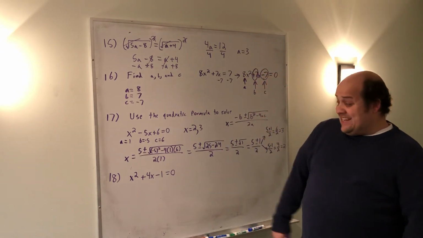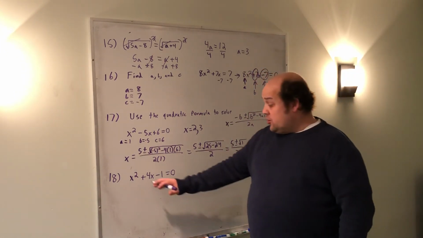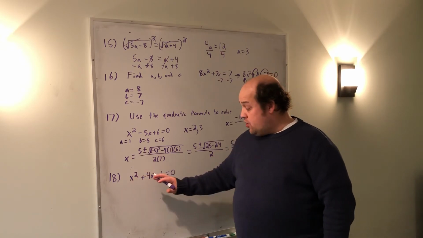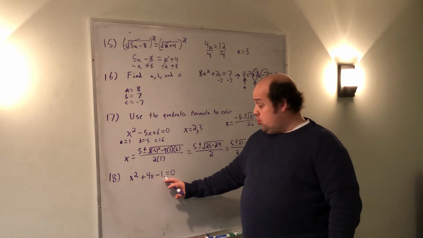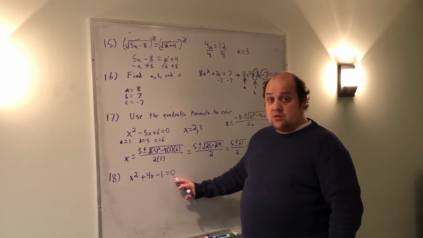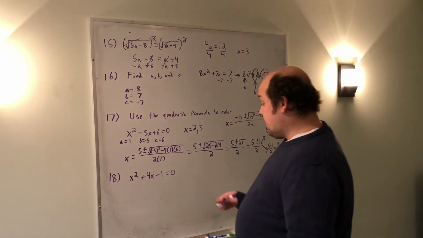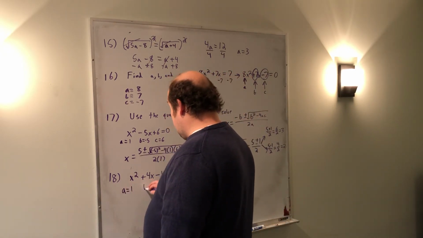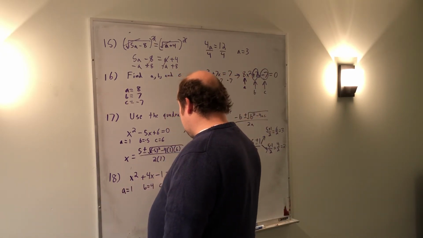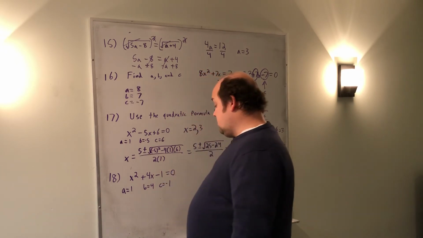For number 18, again, I'm going to start out by making sure that it's x squared term, single power of x, no power of x in descending order, set equal to 0. This is the way I want it, so I can pull out what my a, b, and c are. A equals 1, b equals 4, c equals negative 1.